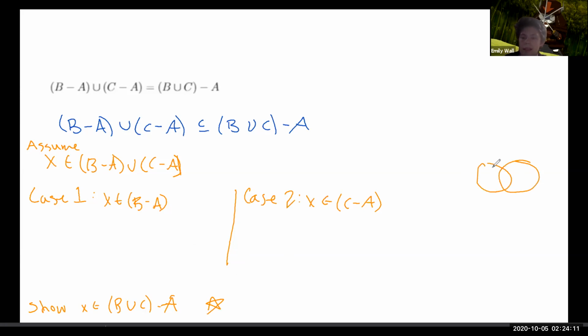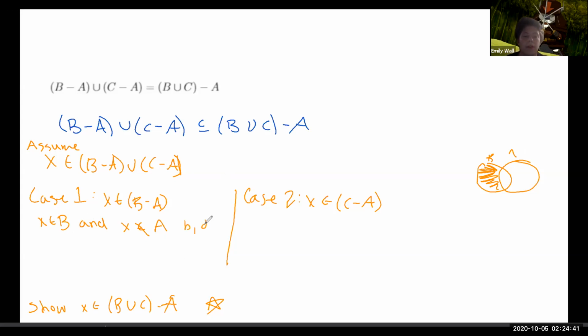What that says is we want everything in B that is not in A. We cut out all the elements that are in A from B. If we write that out, we can say x is an element of B and x is not an element of A. That's what x being in the set B minus A means. Definition of set minus.